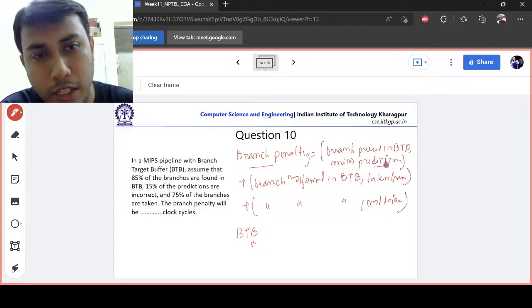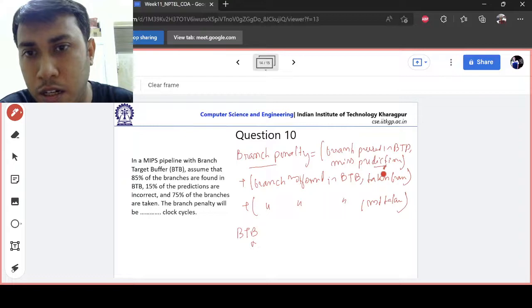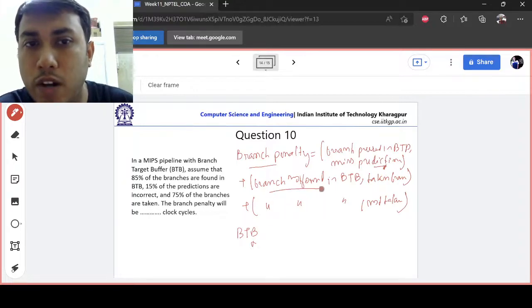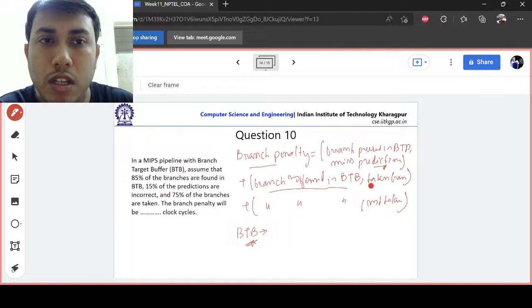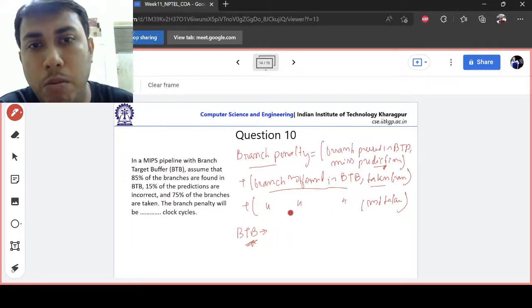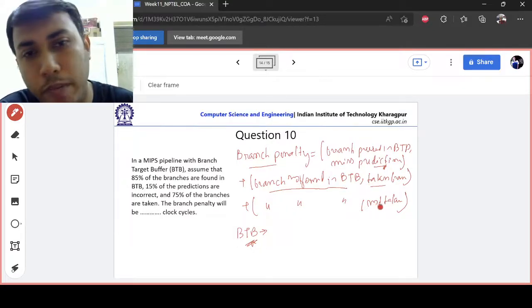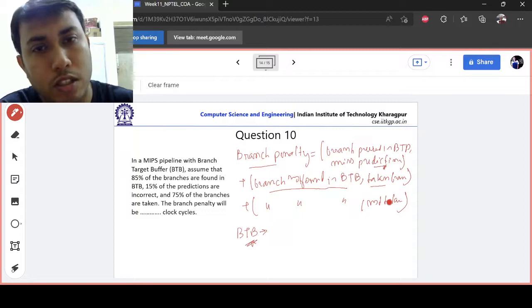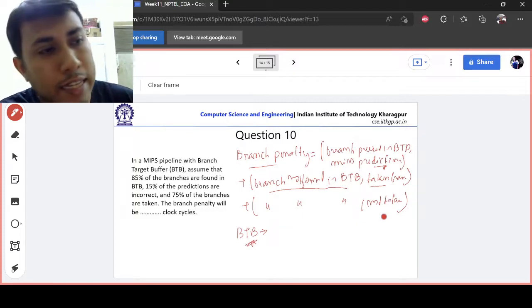It is a misprediction. That will be one penalty. Another penalty will be, in this case, branch is not found in BTB, and it is a taken branch. Another will be branch not found in BTB, and it is a non-taken branch. So in each case there is a separate penalty.